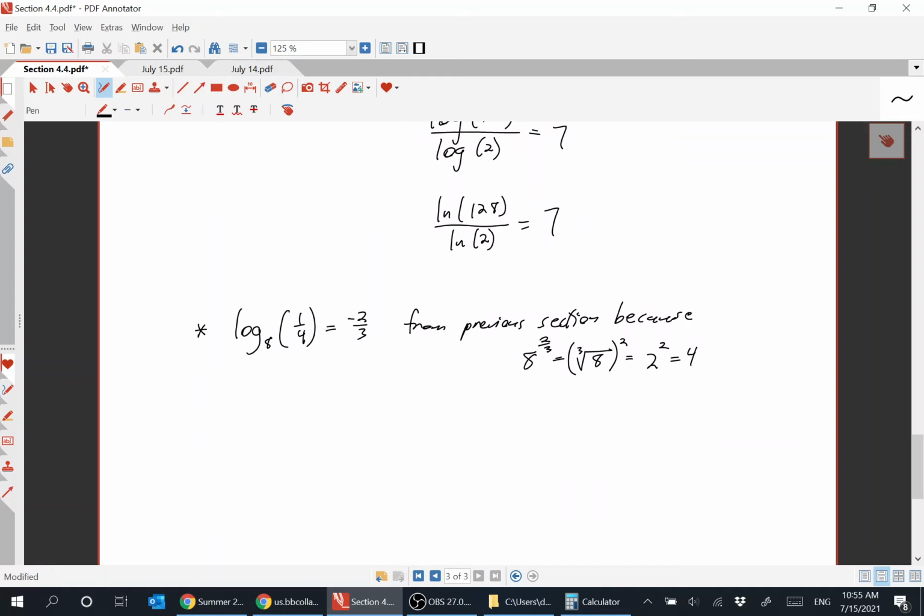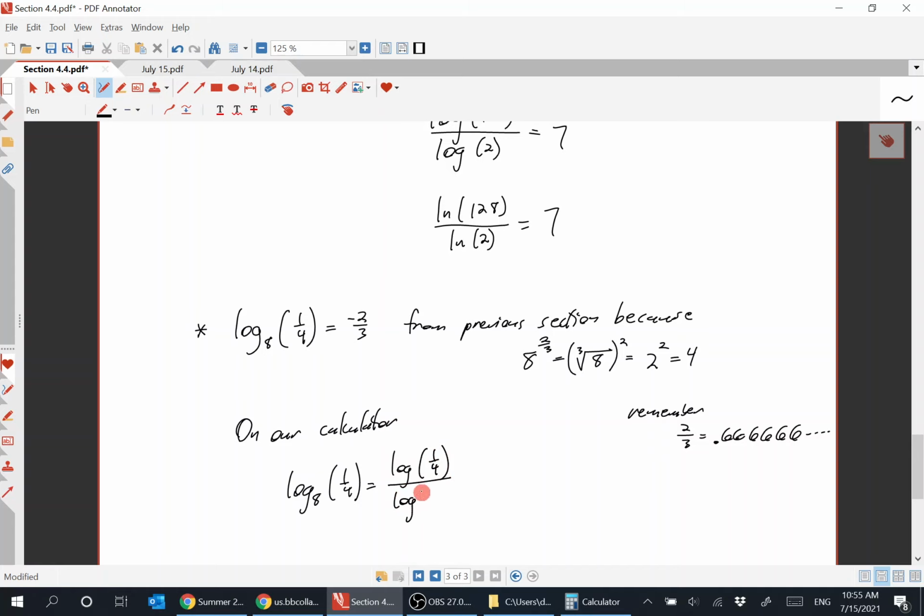But let's plug that into the calculator. Remember, 2/3 is 0.6666, 0.6 repeating. Log base 8 of 1/4 is log of 1/4 over log of 8.